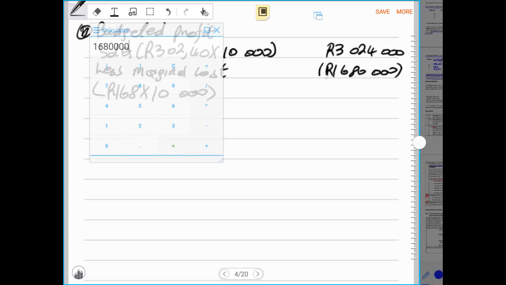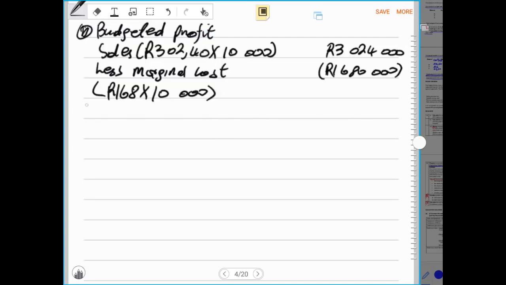It will be 1,680,000 rands. Then after I have to less my fixed cost, which is my budgeted fixed cost. And my fixed cost was 725,000 rands budgeted.